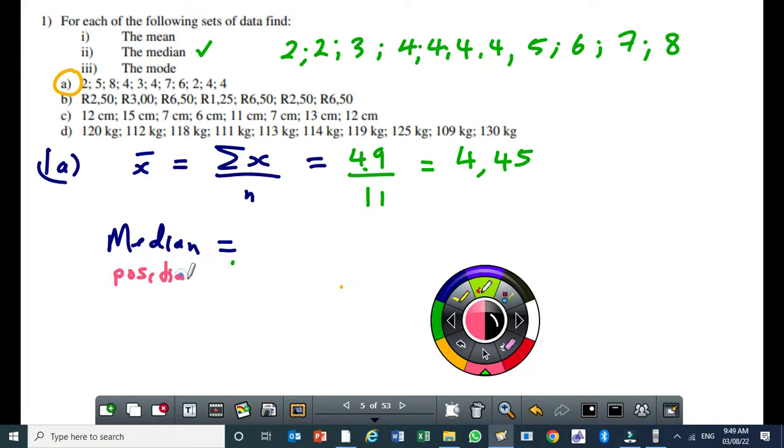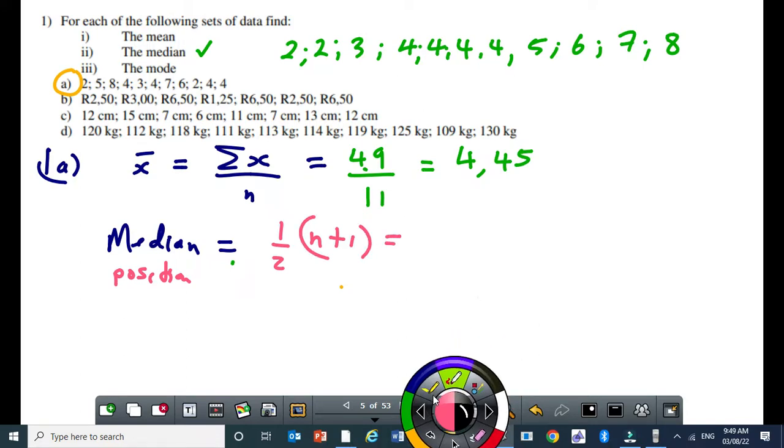It's going to be equal to a half times n plus 1. Please, this is the median position, it's not the median. So this will be a half times 11 plus 1, which is a half times 12, which gives you 6. What this means is I must go to the 6th position.